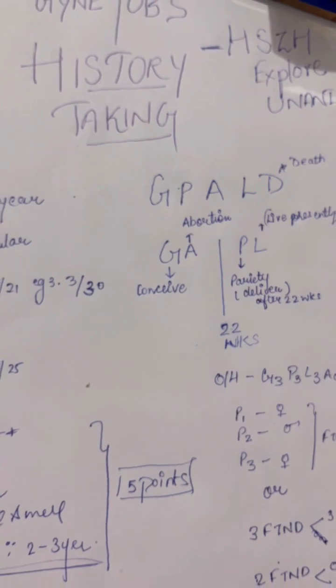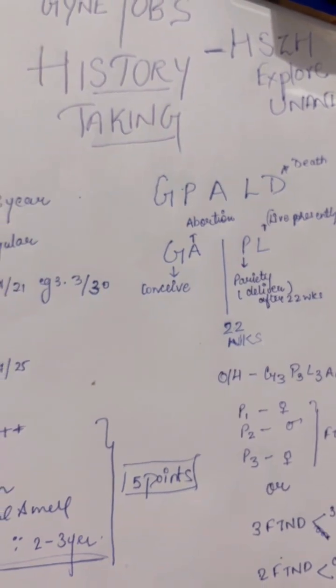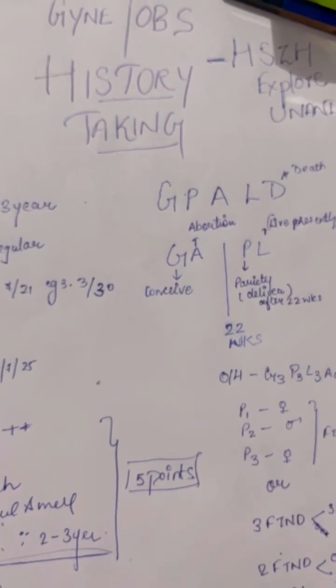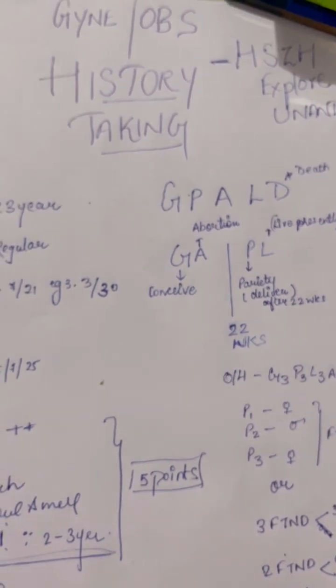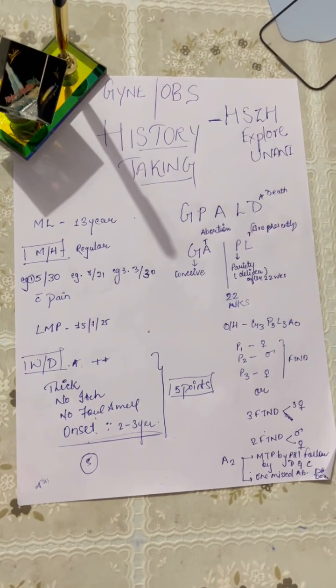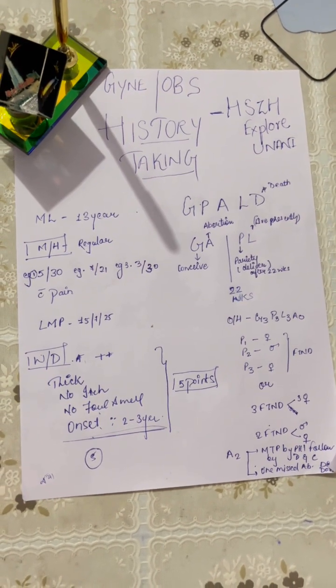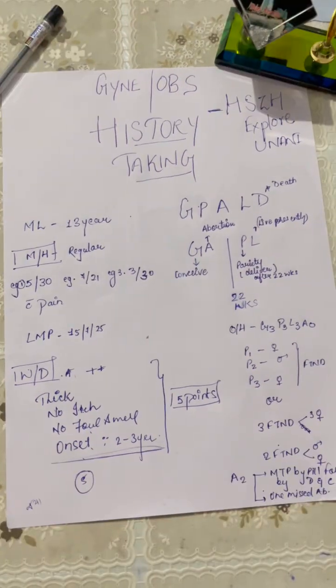polyp in the cervix. Now we have a patient of infertility, where male and female are both infertile. The one drug, clomiphene citrate, increases the spermatozoa count in the male, and in the female the same drug causes ovulation.